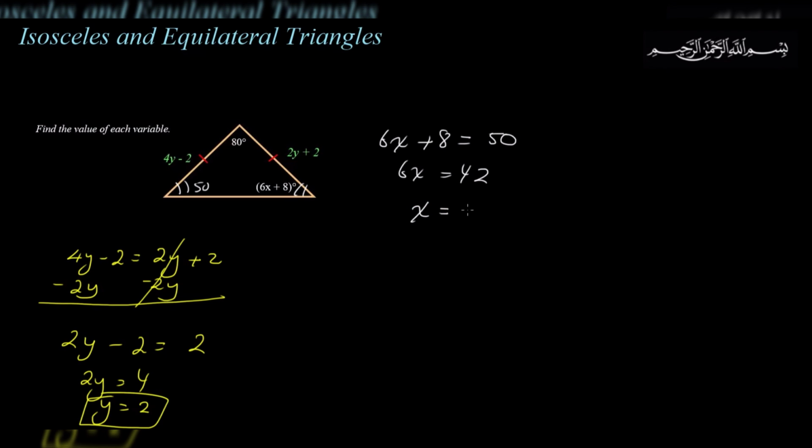Divide both sides by 6, so x is 7. 7 times 6 is 42 last time I checked. So, we did it. That was not too bad, I think. We just used the isosceles triangle theorem to do an algebraic type of question here.